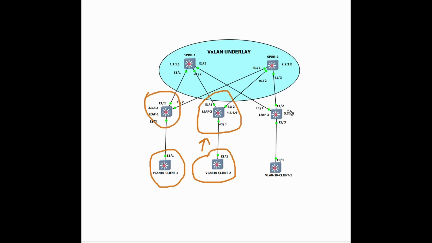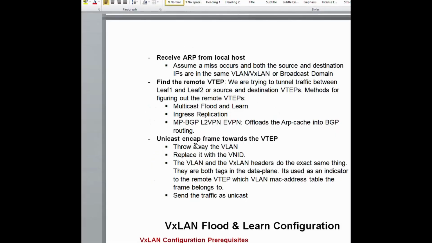And we will configure and verify the whole process step by step when we go over the lab section. And the whole process will be much clearer when we have a look at the configuration and then also the Wireshark captures. So once the remote VTEP has been discovered, any subsequent traffic will be sent as unicast encapsulated with VXLAN ID or VNID.